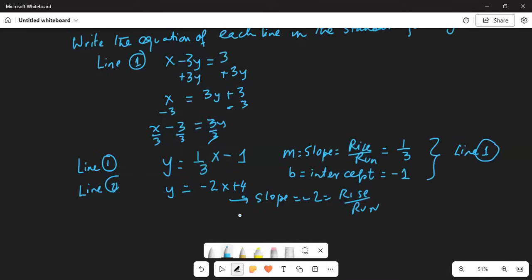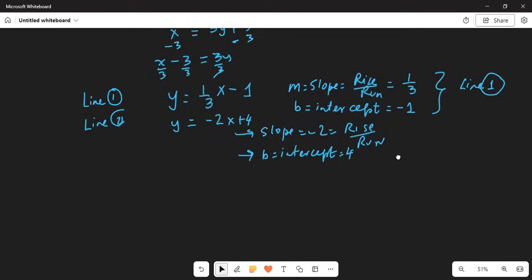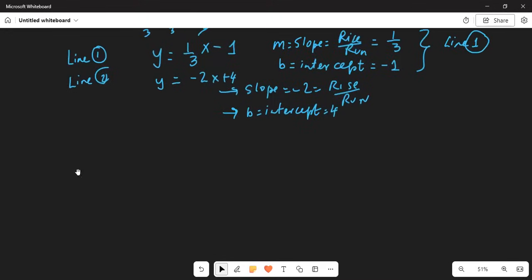And for this, the intercept b is 4. Okay. So let's draw these two equations. So let me create some space.